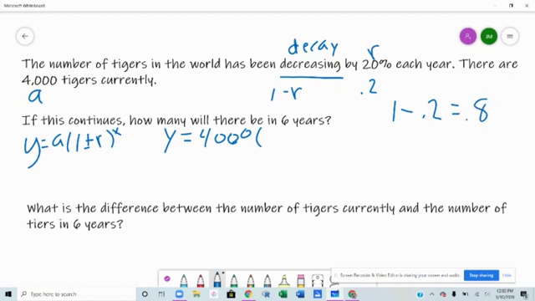That gives you 0.8. So 0.8 goes inside your parentheses, power of x. And then it says, if this continues, how many will there be in 6 years? So what number should you plug in for x? You should plug in 6. And then go to Desmos.